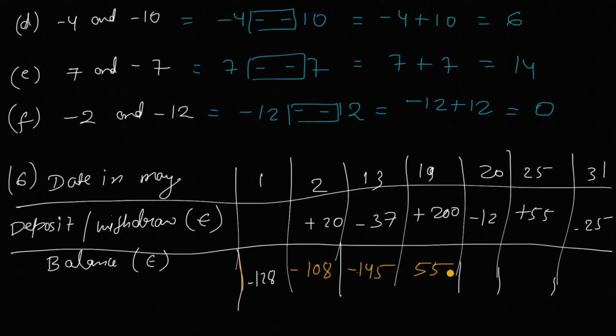Now again you are subtracting 12 from 55, which will give you 43. Now 43 plus 55 is 98. From 98 you are subtracting 25, that is 73. That was question number 6.